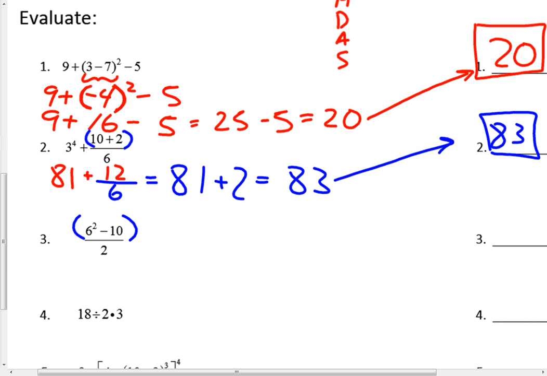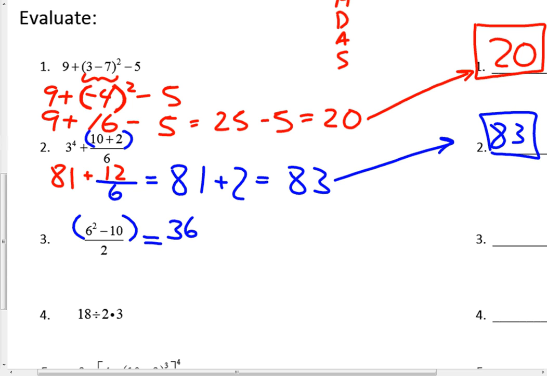Go ahead. Put parentheses on the top. Do that automatically. Within that parentheses, what would you do first? Would you subtract or would you do the power of 2? Power of 2. Exponents are more important than addition and subtraction.